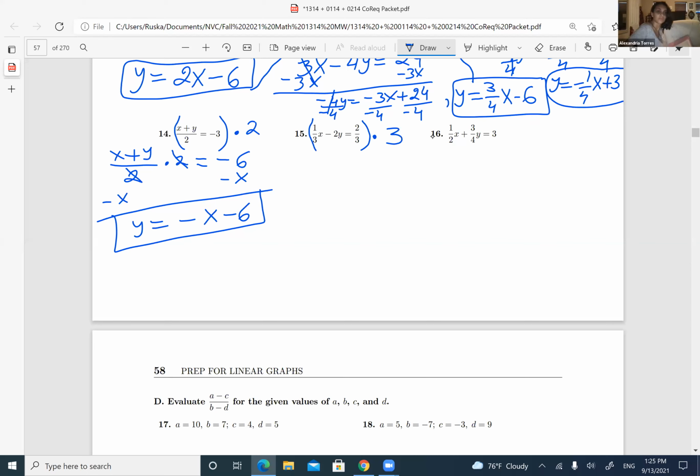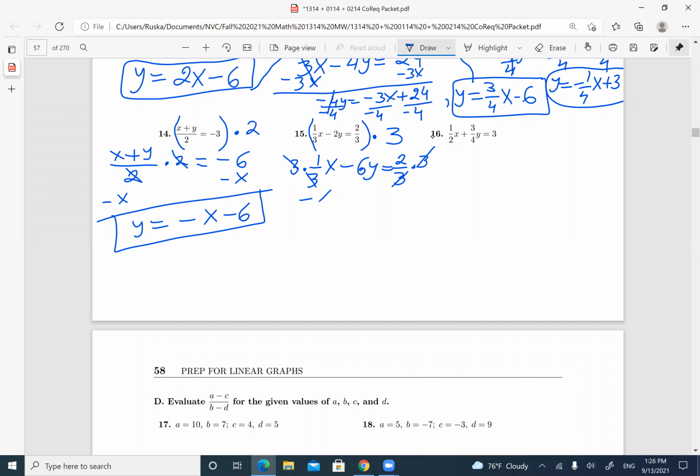Make sure you multiply each term by 3. So you're going to have 3 times 1/3 x minus 2 times 3 is 6y equals 2 over 3 multiplied by 3. And now 3 and 3 cancel. So you have x minus 6y equals 2.